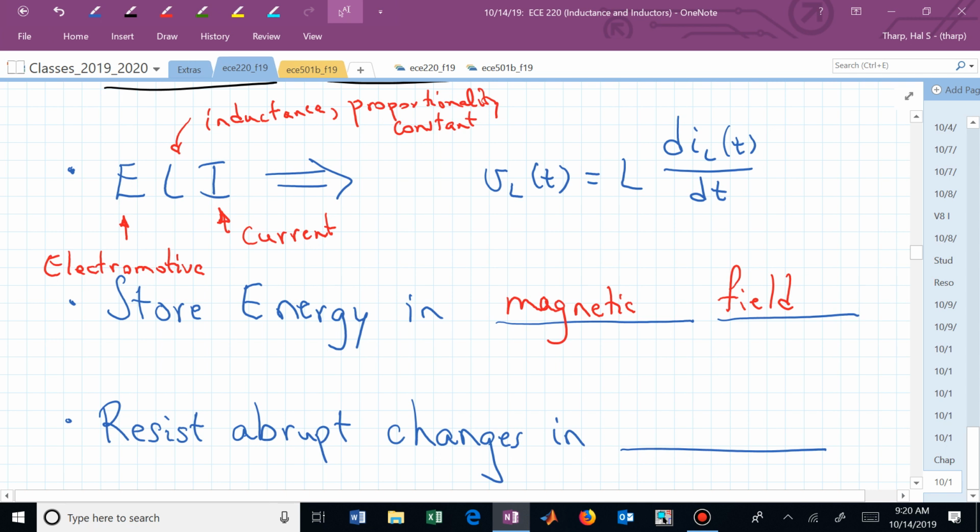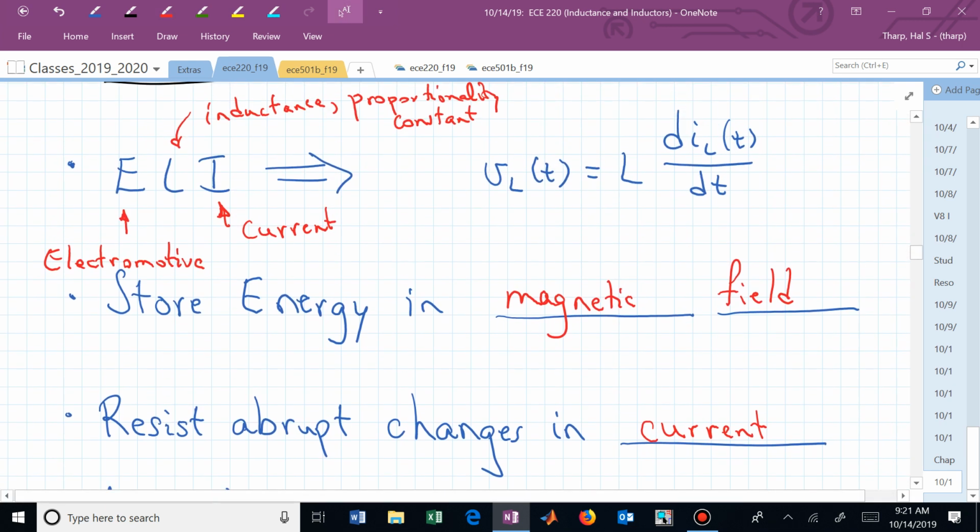Or this inductor resists abrupt changes in the variable that's differentiated, which is the current variable. So when you think of an inductor, you can think of, oh, the current is trying to continue to flow in that inductor. It's trying to resist abrupt changes in that current.